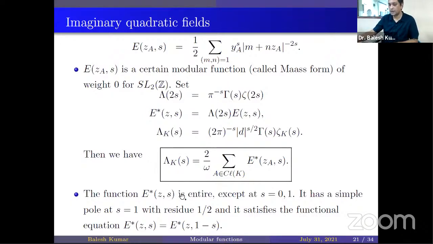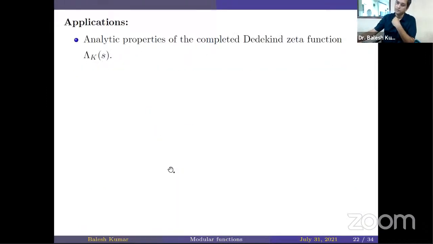The analytic properties of the completed Eisenstein series are known: it is entire except at the points 0 and 1, where it has a simple pole with residue half, and it satisfies a functional equation. If one uses this, one can deduce the analytic properties of the completed Dedekind zeta function.